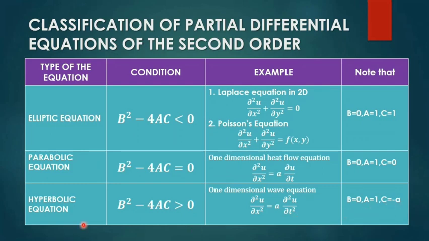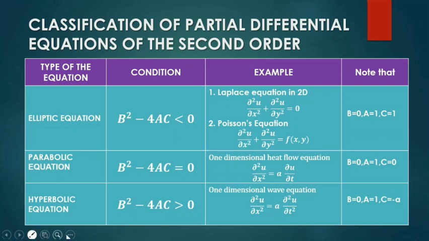So this value will become 0 minus 4 into 1 into minus a. So totally that value will be positive when a value is positive. We always take this a value as positive. So then this will become a hyperbolic equation.